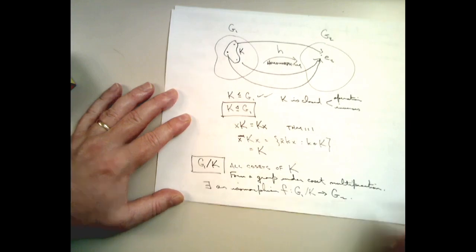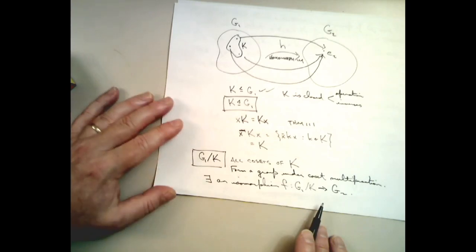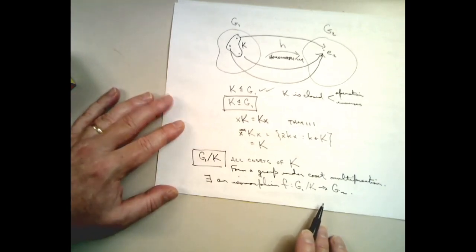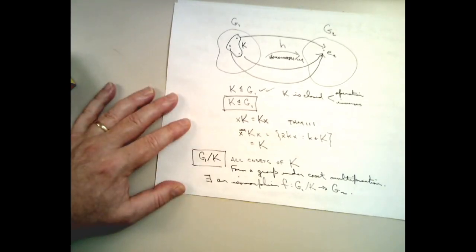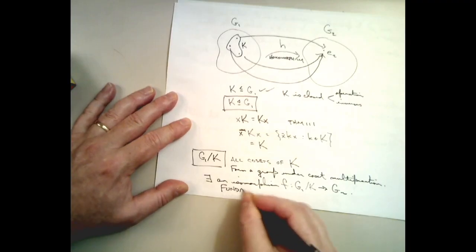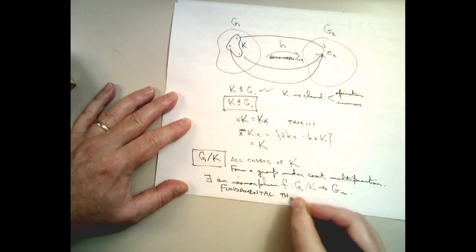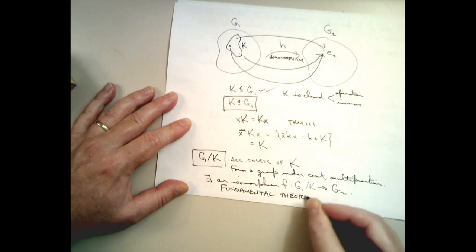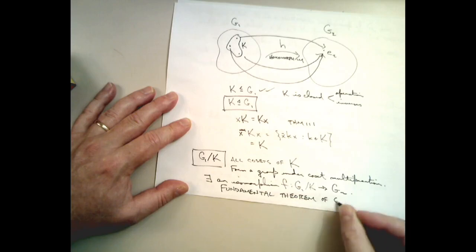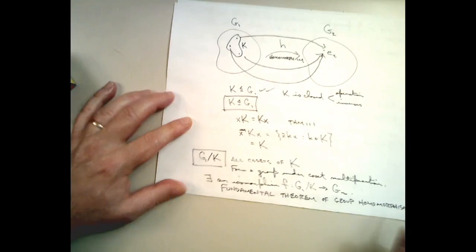G2. This is a terribly important theorem in abstract algebra, perhaps the most important theorem in abstract algebra, and it's referred to as the fundamental theorem of group homomorphisms. We've done a good chunk of the proof of that.